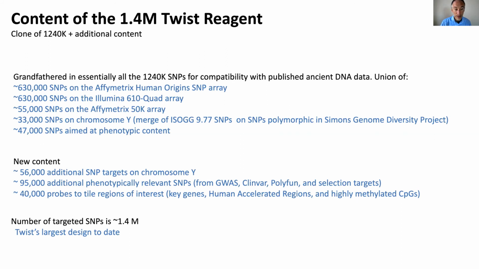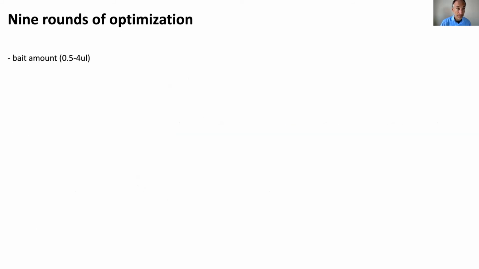The total number of targeted SNPs is 1.4 million, and we understand that this is Twist's largest, or one of their largest designs to date.